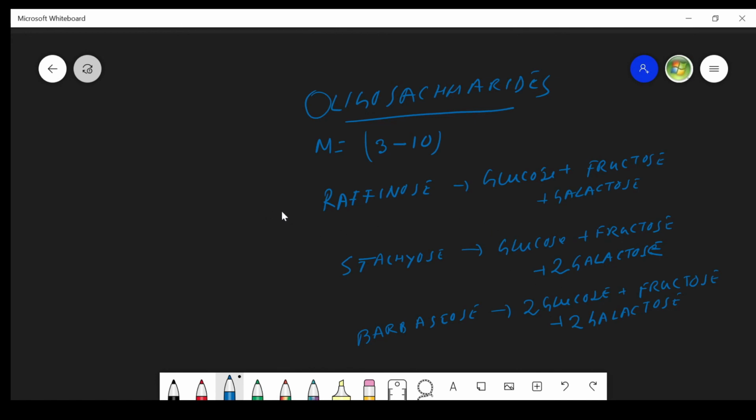So here we are finding the number of monosaccharides is 3, then 1, 1, 2 and 2, that means 4, and here we are finding 2, 1, 2 and 2, that is 5. So these are all examples of oligosaccharides.